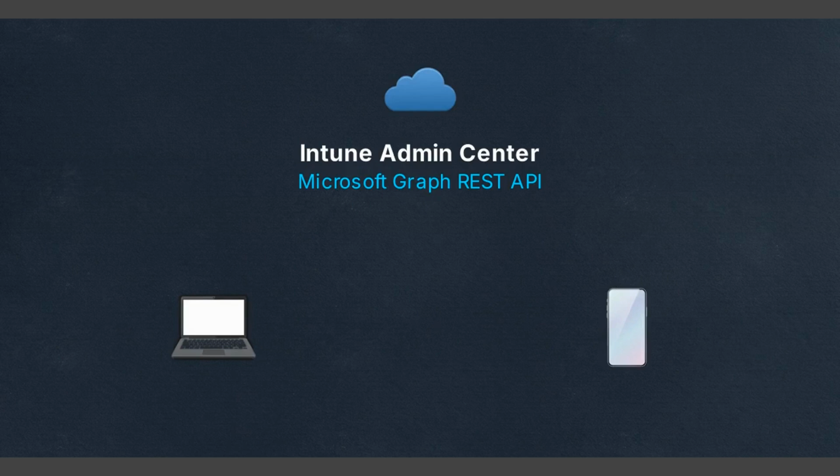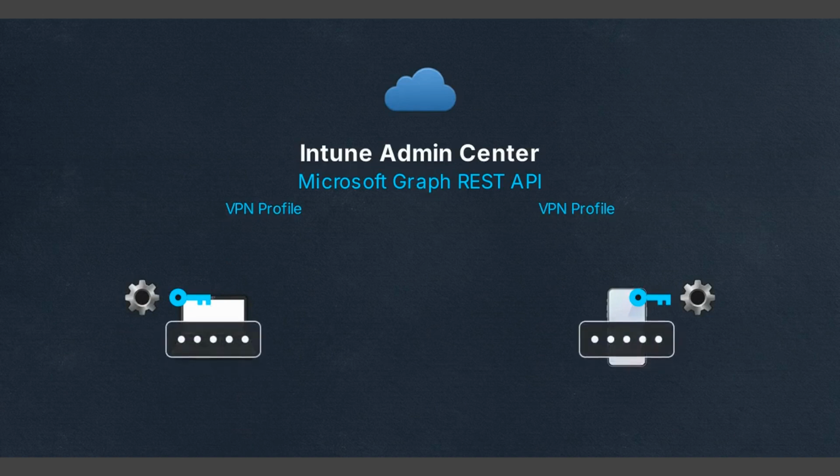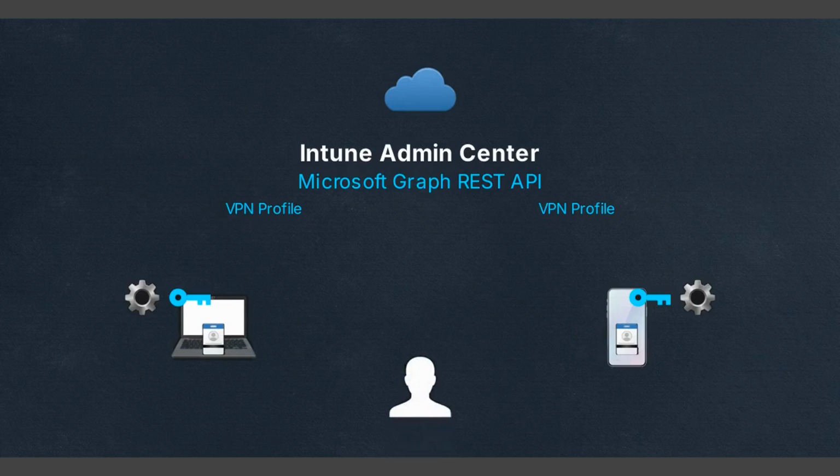Intune silently pushes Wi-Fi and VPN profiles with embedded certificate authentication. A VPN creates a secure, encrypted connection to an organization's network. With these localized certificates, end users bypass manual password entry for network access. At the application layer, Intune enables single sign-on, seamlessly integrating with Microsoft Entra ID.